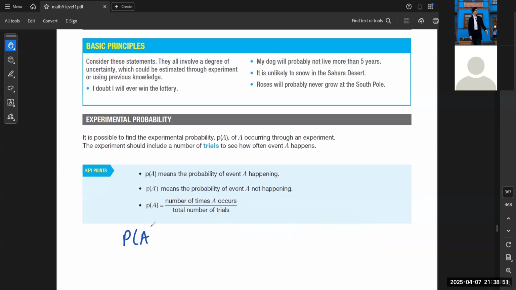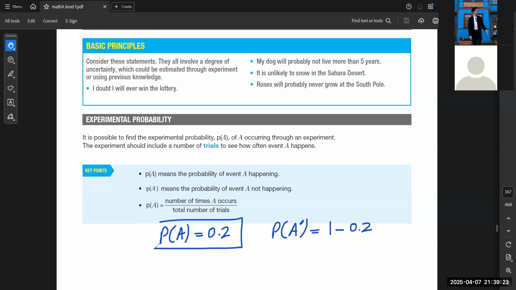Now, notation is important. If P of A represents the probability of A happening, then A complement means the probability of A not happening. Complement means not. Now, a very important rule is that if I tell you that the probability of A happening is 0.2, then you can automatically tell me that the probability of A not happening will be 1 minus 0.2, always.